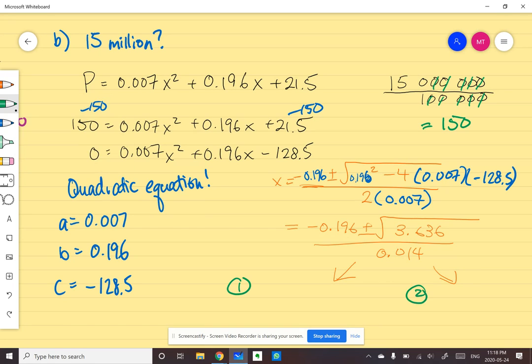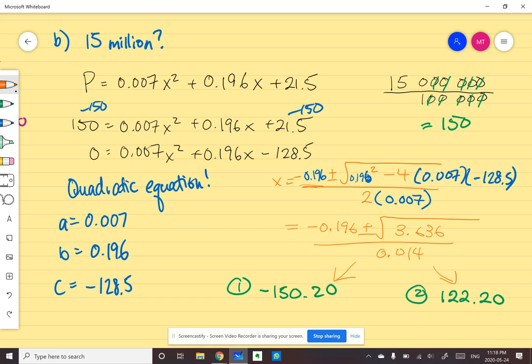I'm going to produce two different answers. Why are there two different answers? Because of this plus or minus. My calculator is going to tell me I got negative 150.20, and my other answer is 122.20.